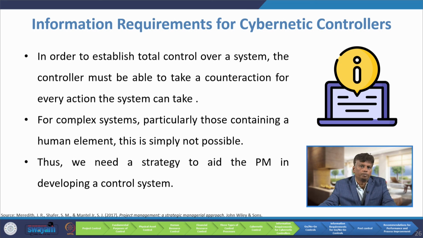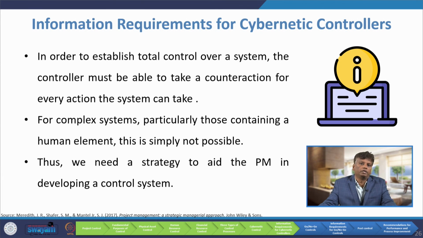Then what is the information required for these cybernetic controllers? In order to establish total control over the system, the controller must be able to take counteraction for every action the system can take. For complex systems, particularly those containing a human element, this is simply not possible, because there is more chance for bias and more chance for human error.